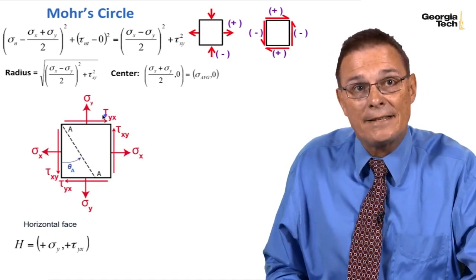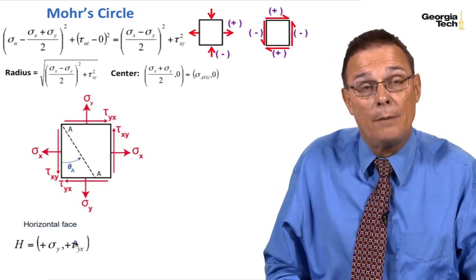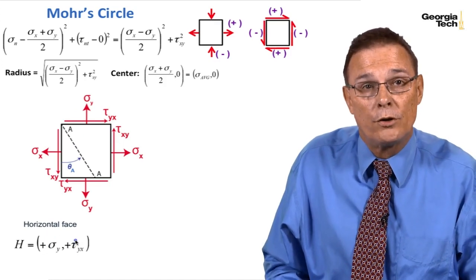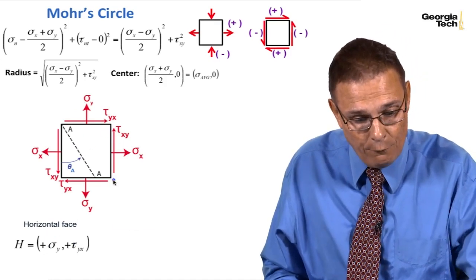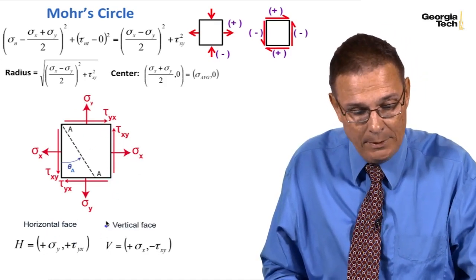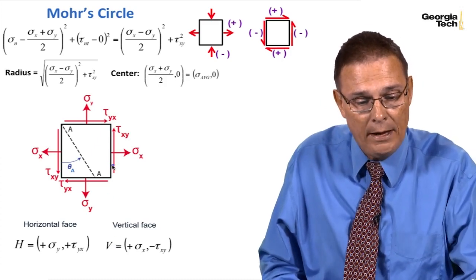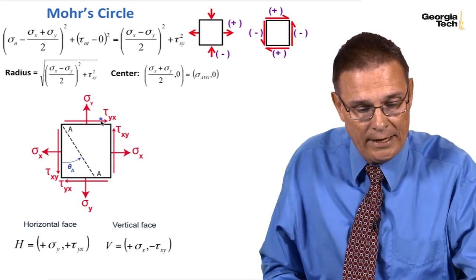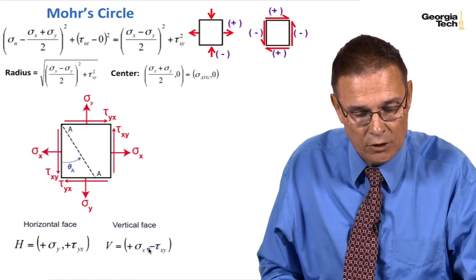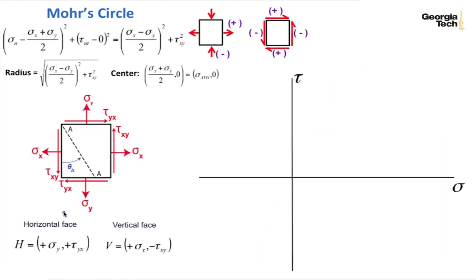Tau sub yx is clockwise, so that's also going to be positive by my Mohr circle sign convention. On the vertical face here, I've got sigma sub x shown as positive, and tau sub xy causing a counterclockwise rotation, so that's negative.